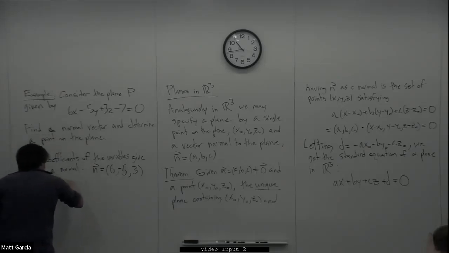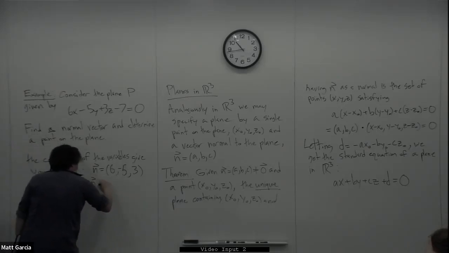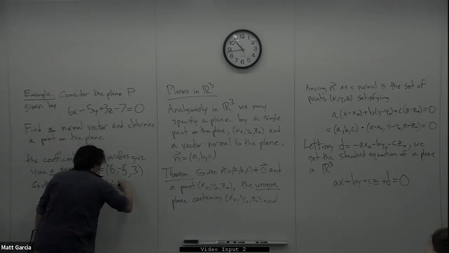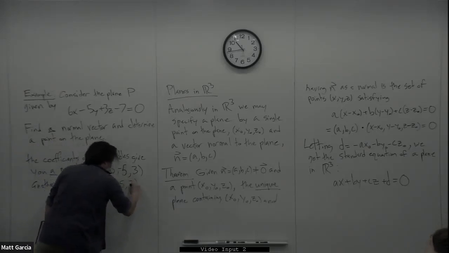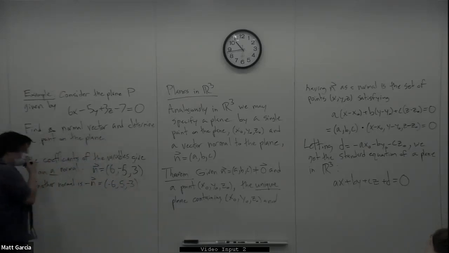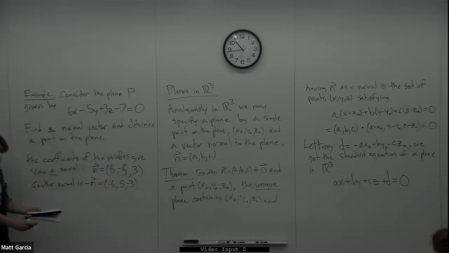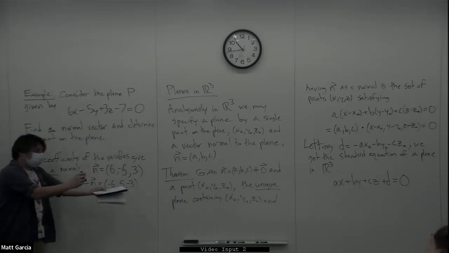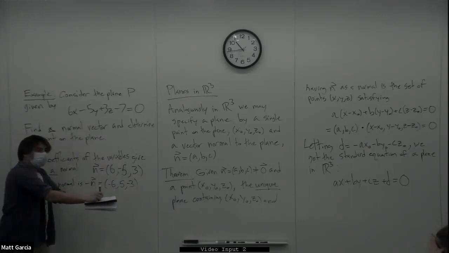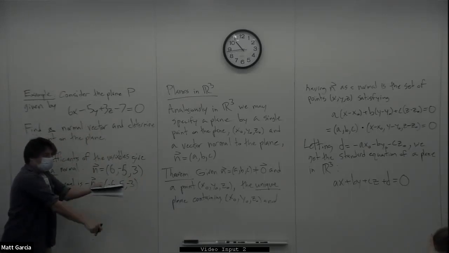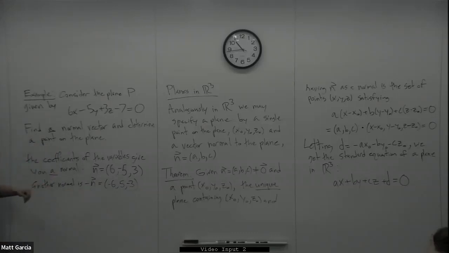Another normal is negative n hat, or -6, 5, -3. Okay, here's a visual representation. Here's my plane. Here's a normal. I can scale this by any factor, and it's still going to be perpendicular to the plane, right? I flip it. So I say a normal because there are infinitely many normals.